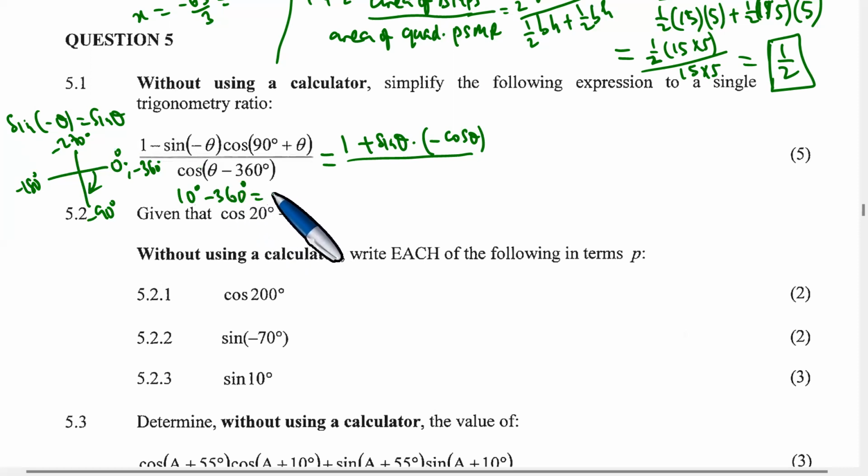It will become minus 350 degrees. So minus 350 is going to be like here, after you pass minus 270, then minus 350, then minus 360, like a 10 degrees difference. And that puts it in the first quadrant in which all the functions remain positive. If they remain positive, then it becomes just positive cosine theta.